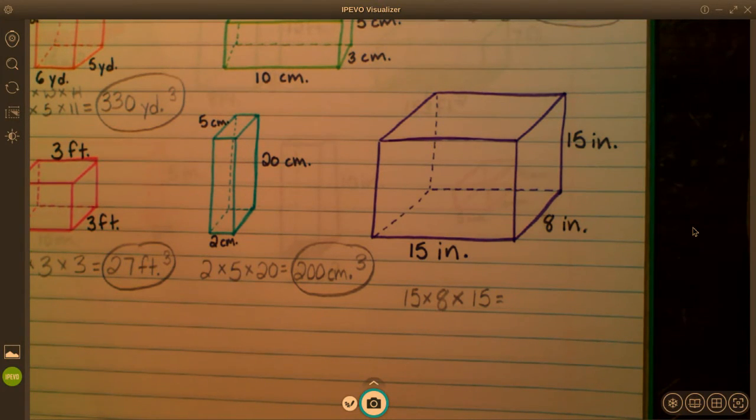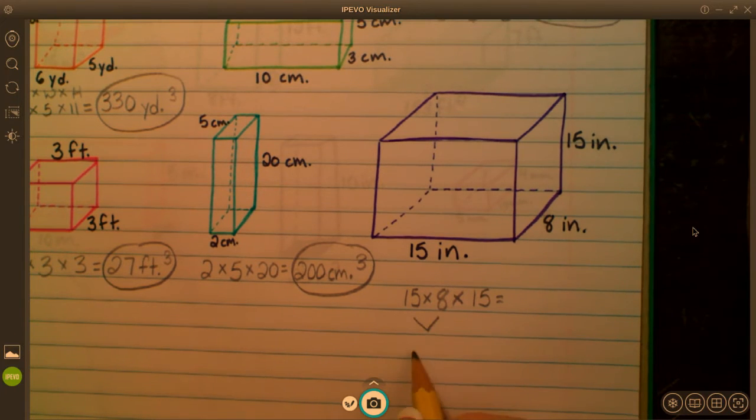So, 15 times 8 equals what? Well, it equals 120.